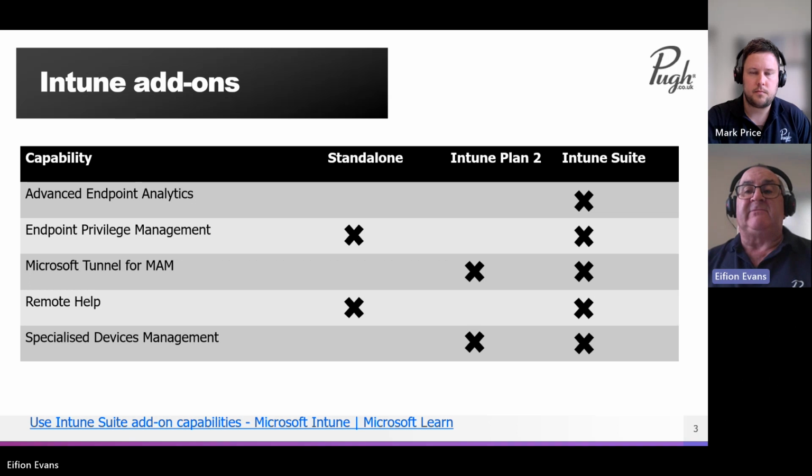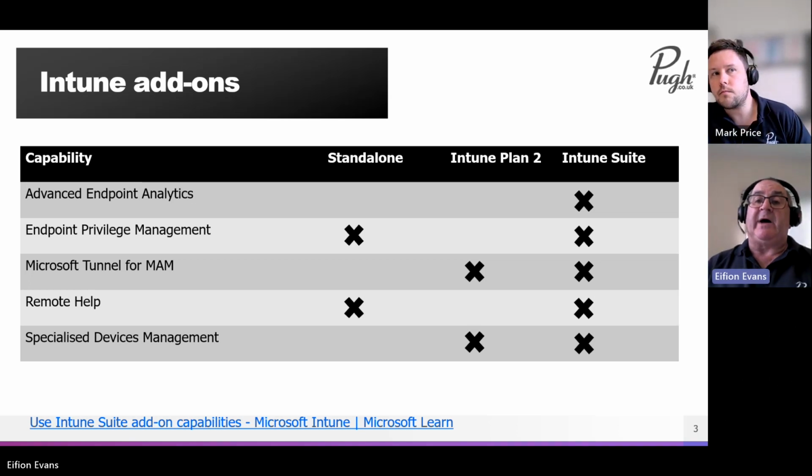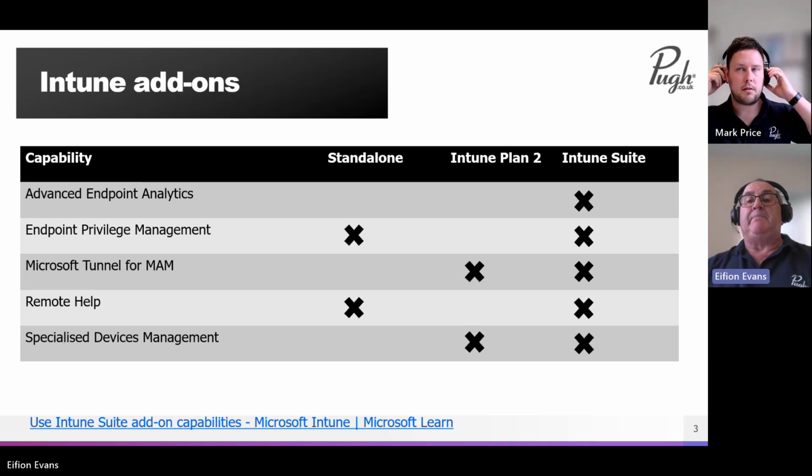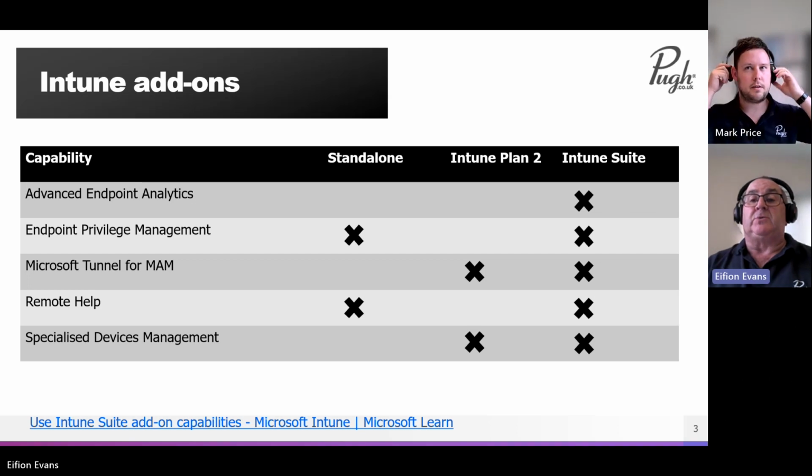Next, we've got Microsoft Tunnel for MAM. Intune includes a feature called the Tunnel VPN Gateway. This allows secure access to on-premise apps and files from iOS and Android enterprise devices. Tunnel for MAM, or Mobile Application Management, as MAM stands for, builds on this functionality, again allowing iOS and Android devices secure access to your resources.